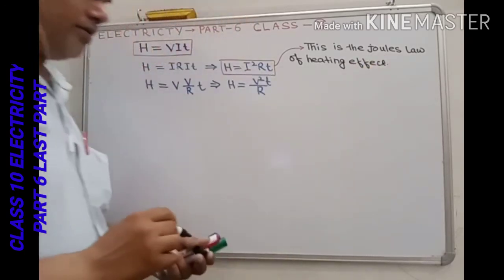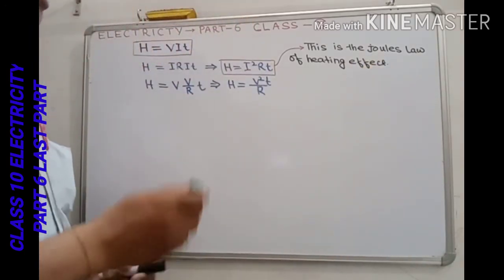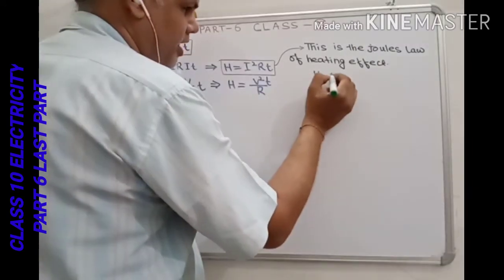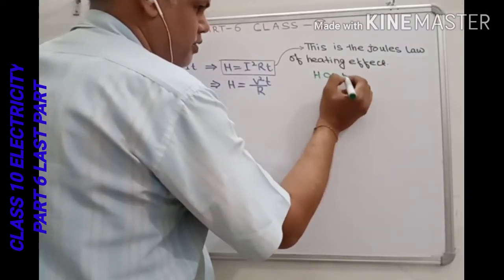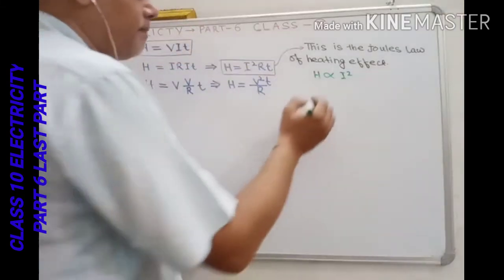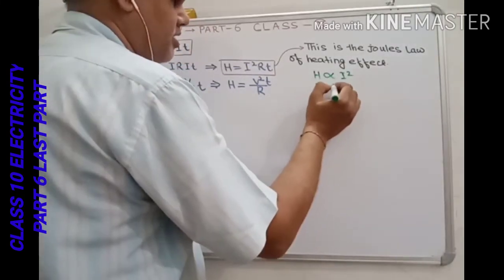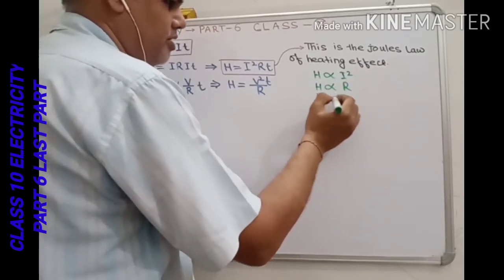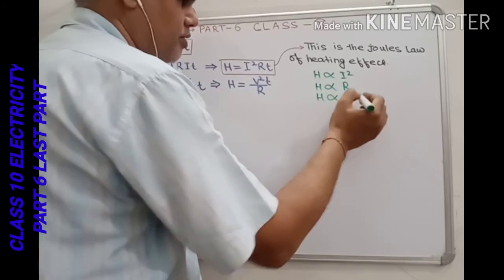As I told you, the heat energy produced in any conductor is directly proportional to the square of the current, directly proportional to the resistance of the conductor, and also directly proportional to the time.